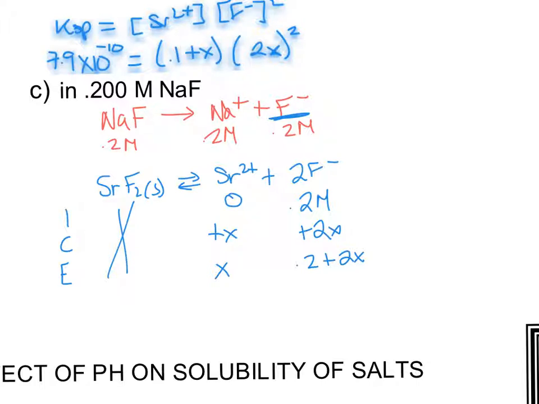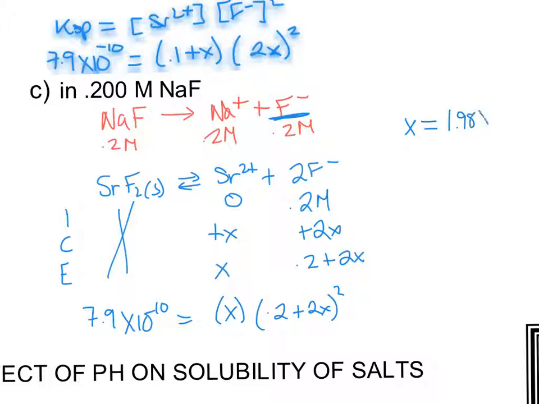My Ksp is 7.9 times 10 to the negative 10th. That is equal to the Sr2+ concentration times the F minus concentration squared. If you solve for X, that ends up being 1.98 times 10 to the negative 8th molar.